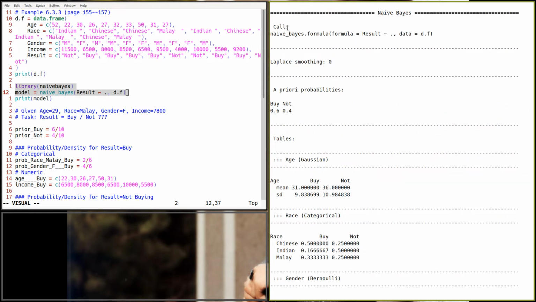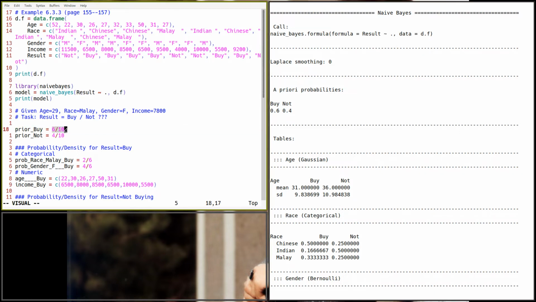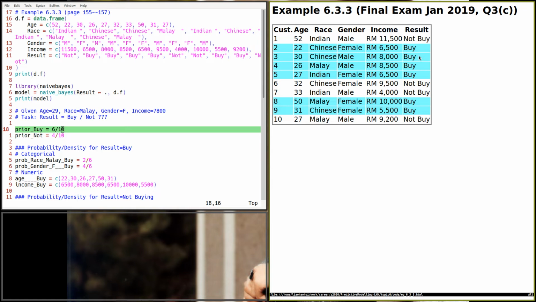So this is the formula, right? We have it without any Laplace smoothing. So buying or not, from the table we can see there are 10 data, 6 will buy, 4 will not buy.